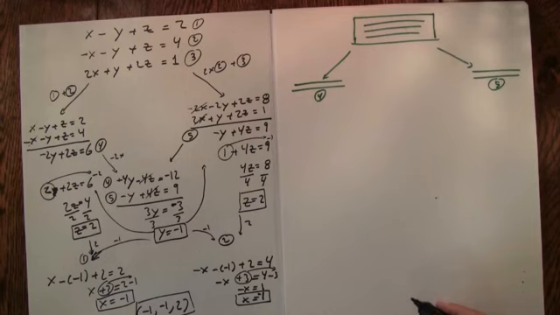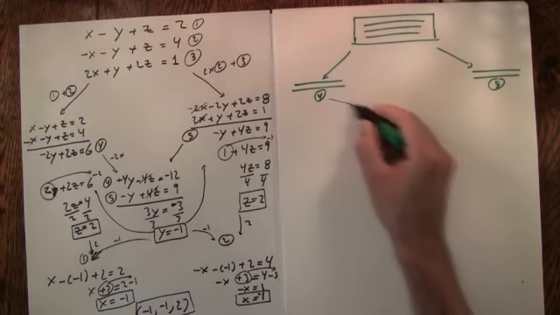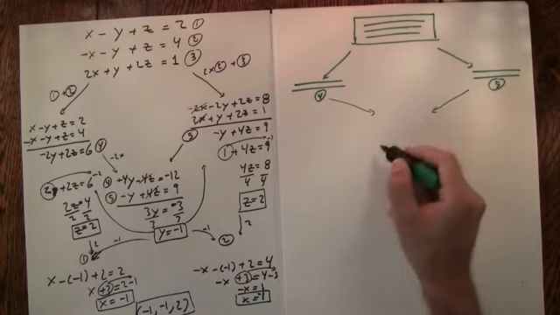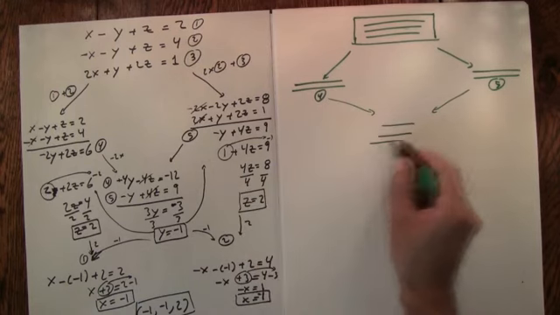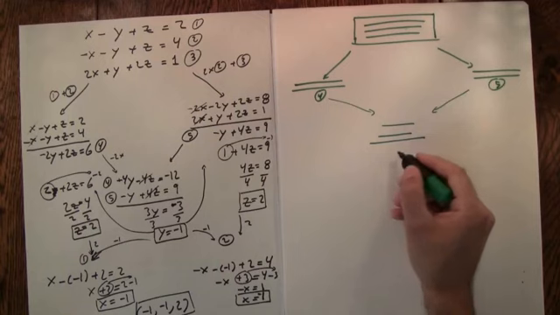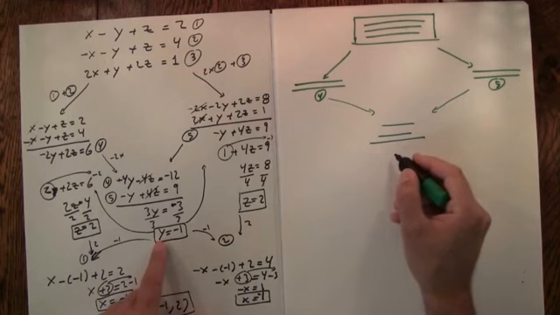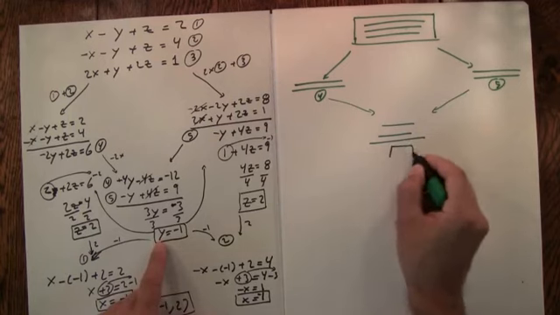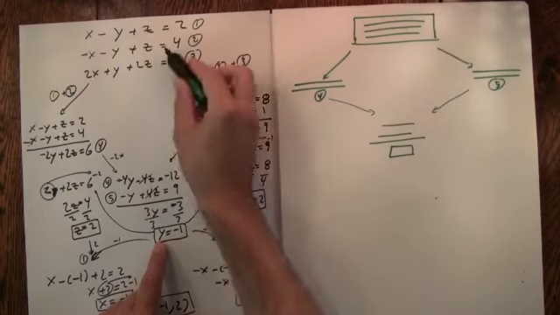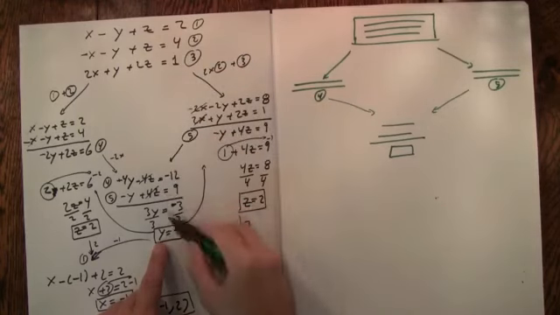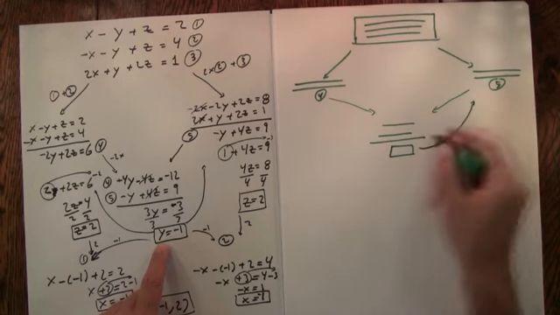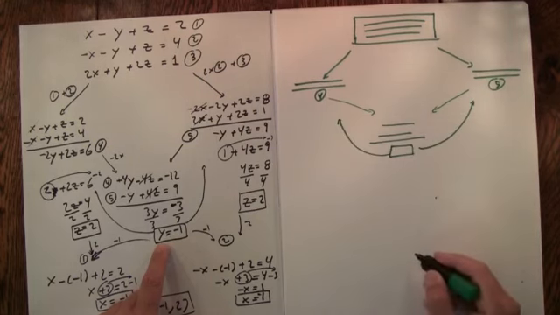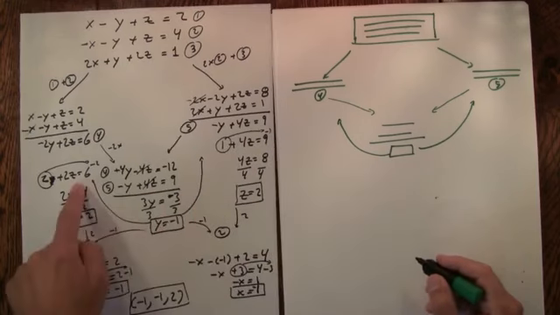Then you're going to combine equation number 4 and 5 into an answer for one of the variables. In our case, it happened to be y. So far we've done this, we've done this, we've done this, we're here. And then you're going to plug these back into here, and that's exactly what we did.